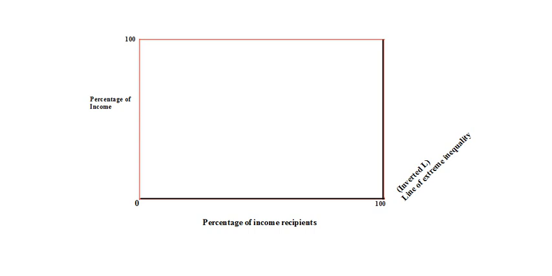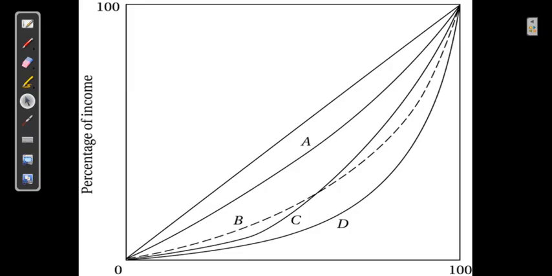Another property of Lorenz curve is that Lorenz curves cannot cross. If Lorenz curves cross, it basically becomes very difficult to make interpretation of which country is comparatively more unequal. It's not that they do not cross in reality.